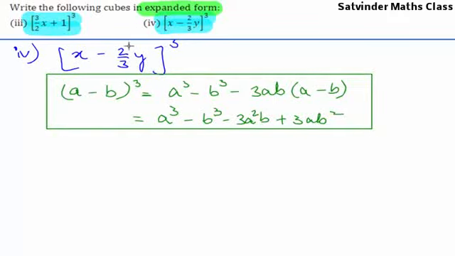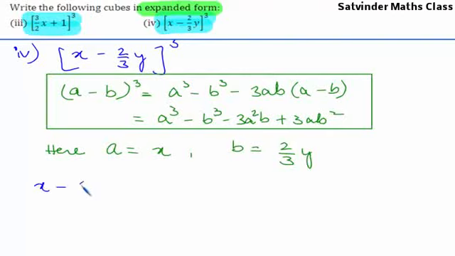Again, comparing the expansion that we are supposed to do with (a minus b) whole cube, we have a is x and b is 2 by 3 of y. Now let us substitute the values of a and b for the expansion.